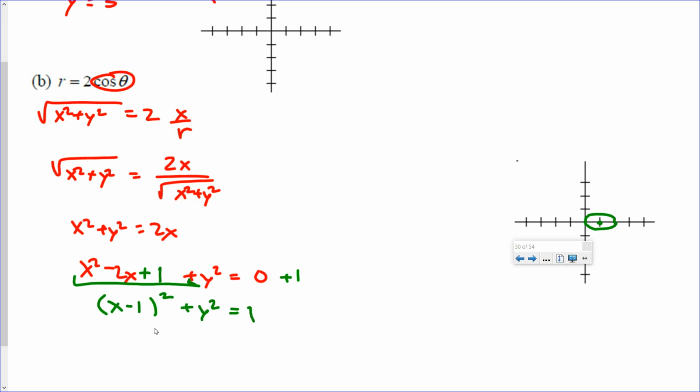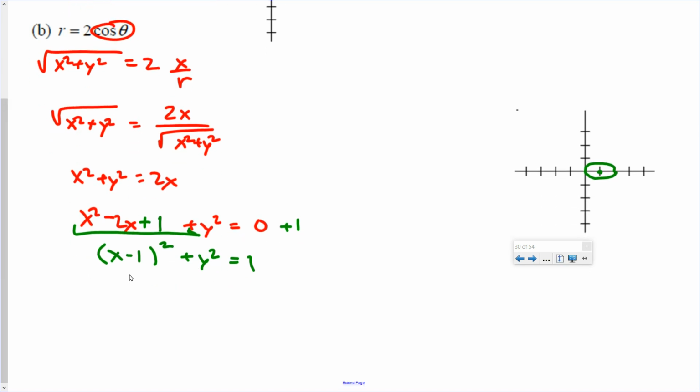What kind of a picture does this give me? Do I need to pull it up some? What kind of picture? A special ellipse, an ellipse, but a very special ellipse, because it has no denominators. It's a circle. Where's the center of this circle? 1, 0. What's the radius of this circle? 1. Okay.